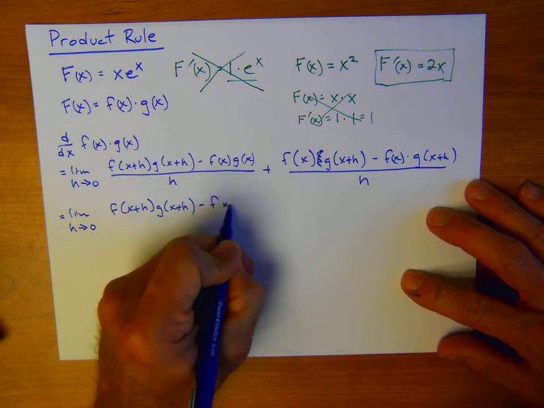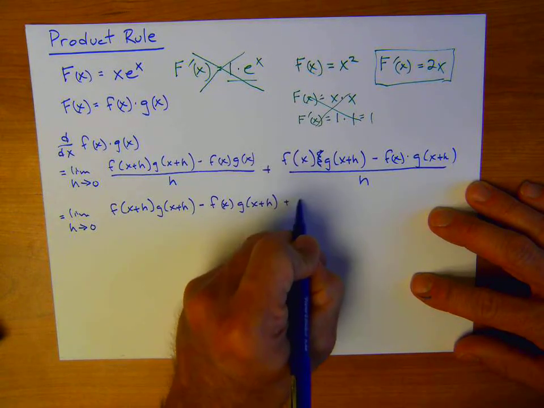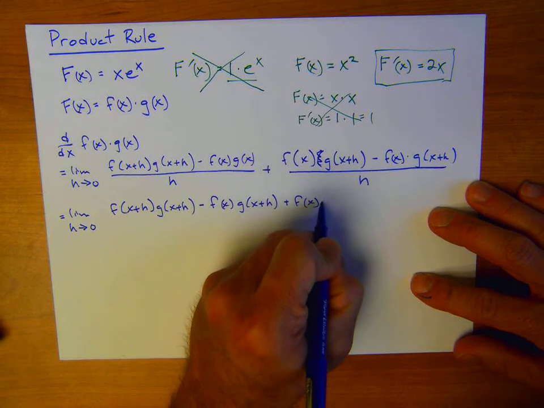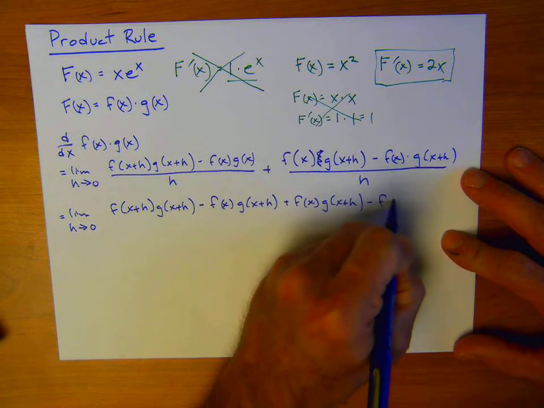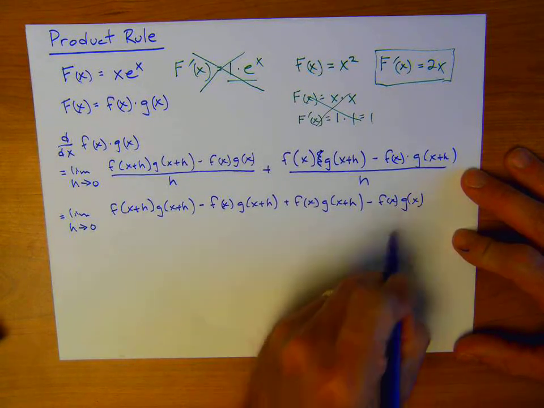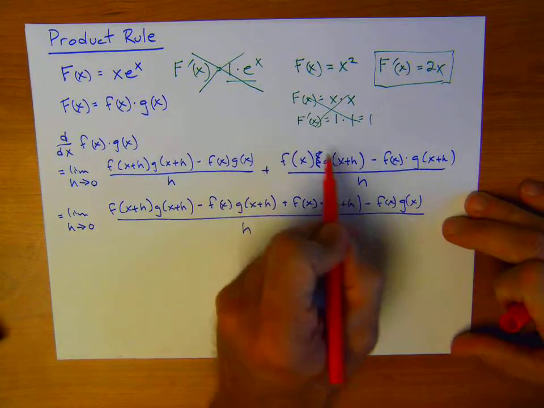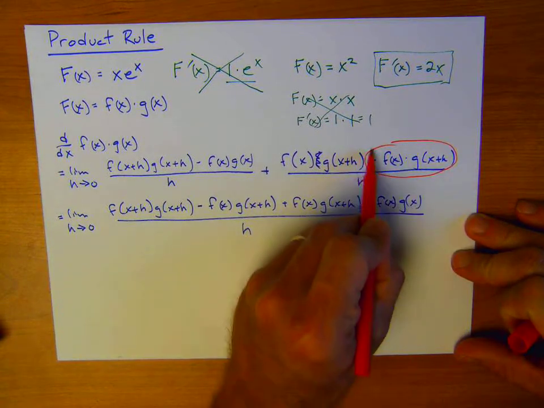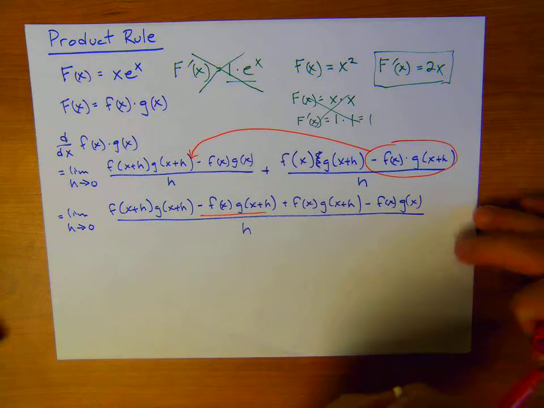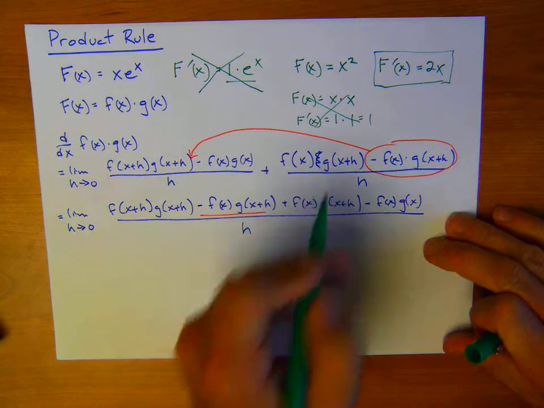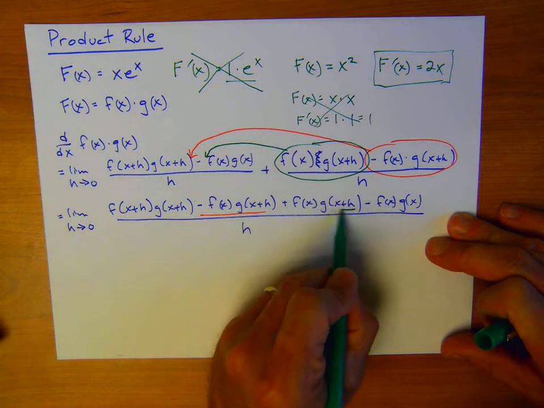So minus f of x times g of x plus h plus f of x times g of x plus h minus f of x g of x all over h. So all I really did here is I took this piece and inserted it right here, right after this. And then I took this piece and inserted it right after that, so we see it right here.